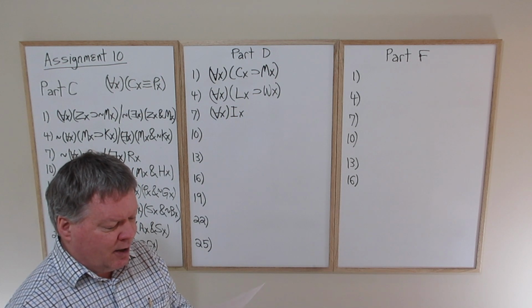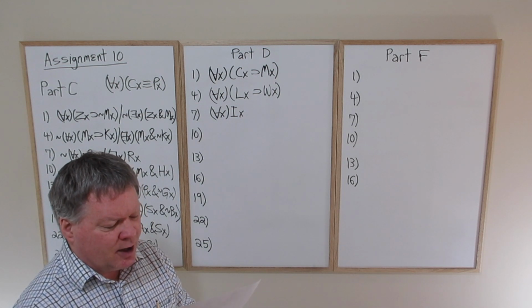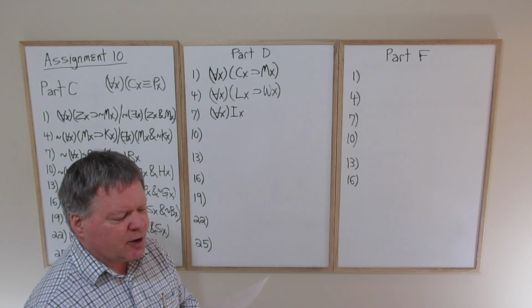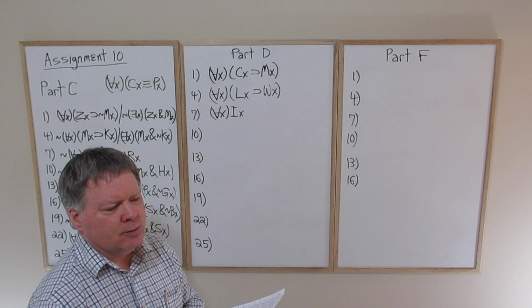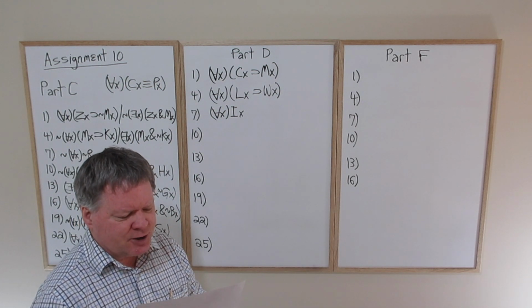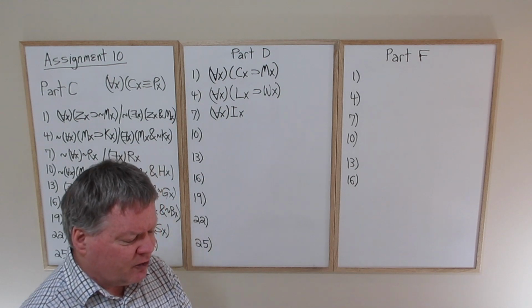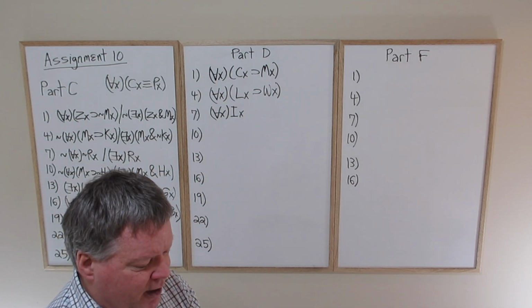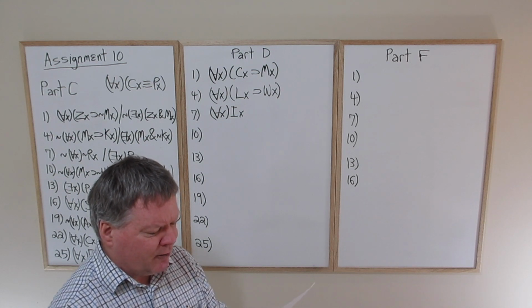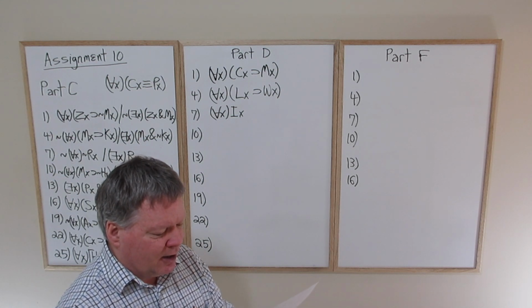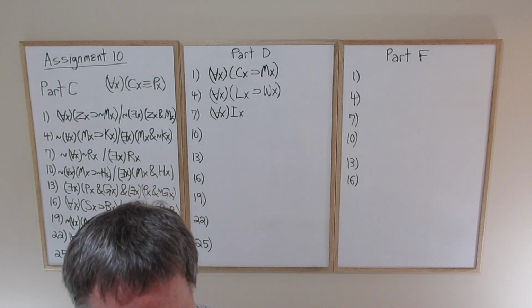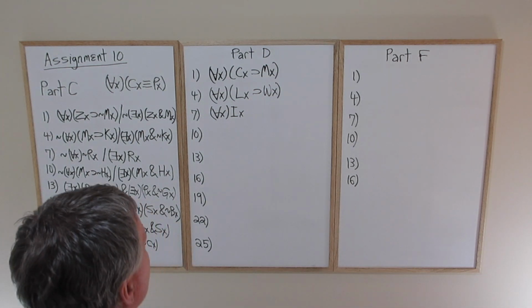Number 10, nothing is right unless it is not wrong. This particular expression can be confusing simply because of the way it's worded. What's claimed here? Nothing is right unless it is not wrong.